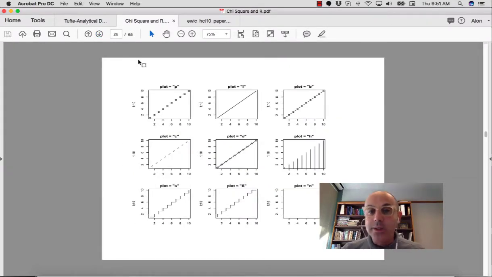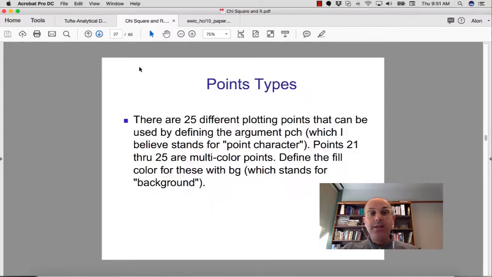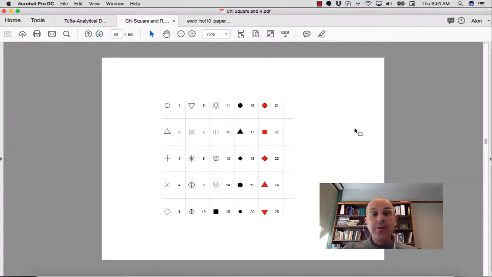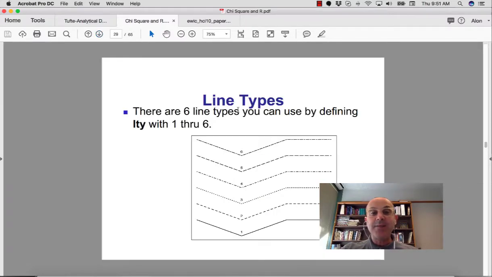And again, this is what R can do for us in the case of multiple distributions. Point types: we have 25 different points that we are able to put into the arguments and fill with different colors, or with a standard color for all. This is the output of the points that R provides us. We also have different types of lines.